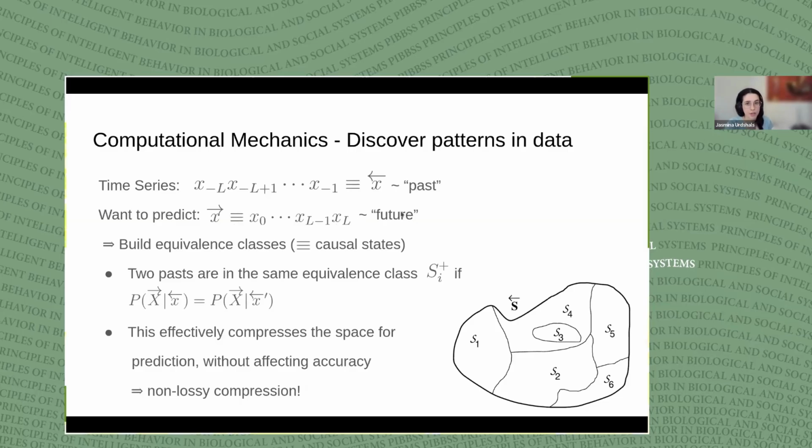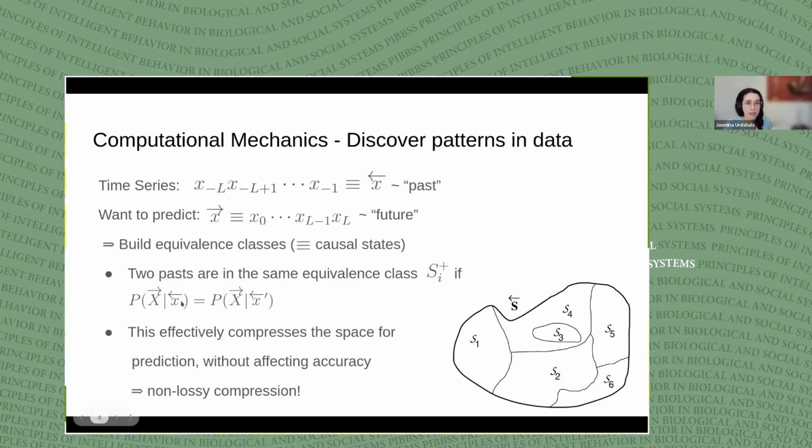The way that computational mechanics ensures that we discover these patterns in the data is by building so-called equivalence classes, or in the language of computational mechanics, causal states. The rule to do so is that you group together different sets of pasts.